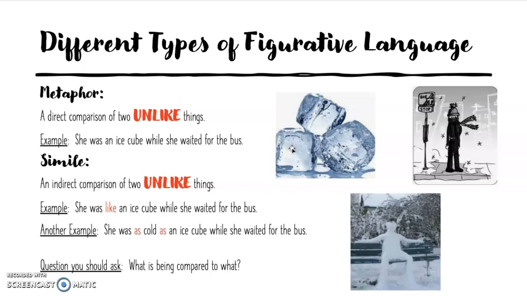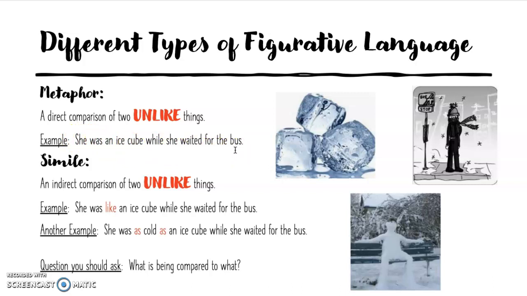If a person actually became an ice cube, they would be frozen and dead. So this is two very unlike things. So for the metaphor, this is a direct comparison. So how I would make a direct comparison of ice and a person is I would say, she was an ice cube while she waited for the bus.